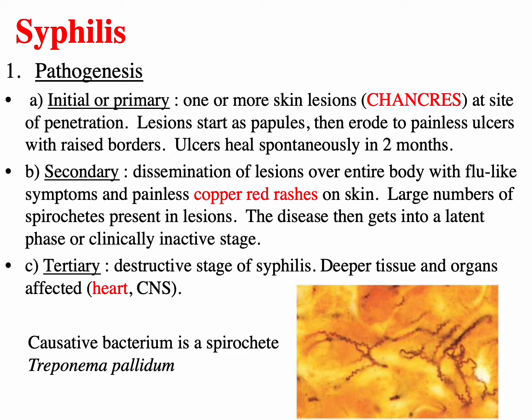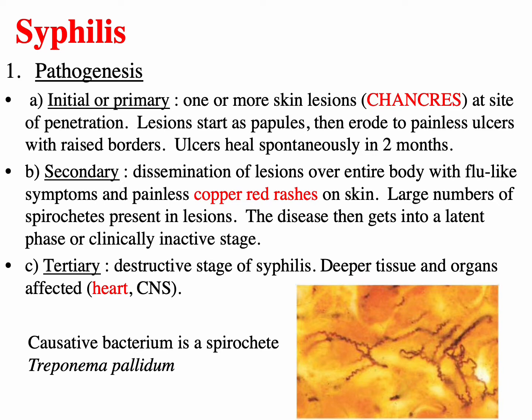This is a cousin of an organism found in the oral cavity. In the periodontal pocket, in people who have periodontitis, one of the common organisms is called Treponema denticola. Denticola.